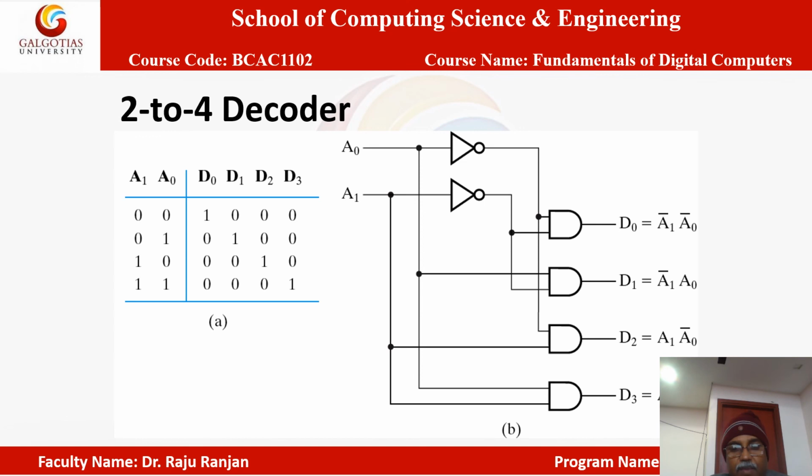D3 takes both inputs directly from A0 and A1, both 0, so D3 is also 0. So in the first line, when the input is 0 0, we have output 1 only at D0, and all the other outputs D1, D2, D3 will be 0.